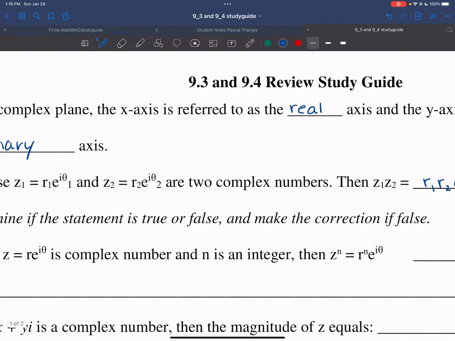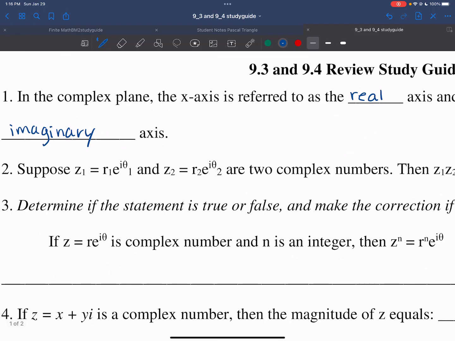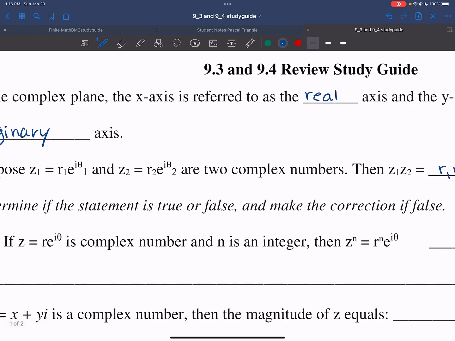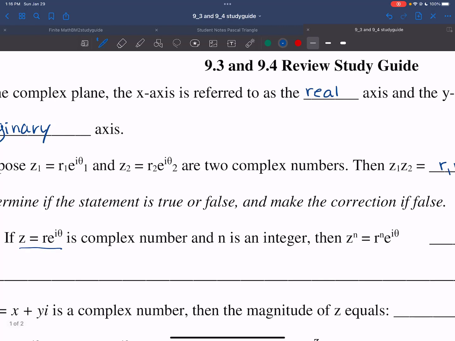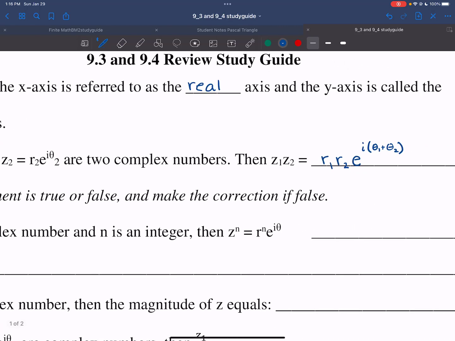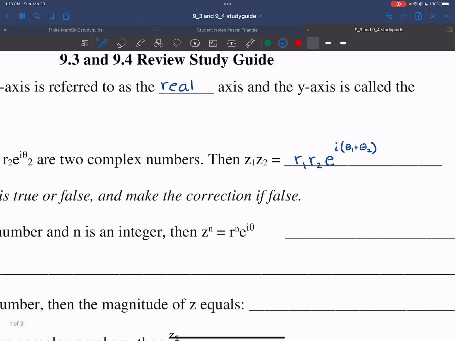All right. Determine if the statement is true or false and make the correction if false. If z equals r e^(iθ) is a complex number and n is an integer, then z to the n equals r to the n e^(iθ). Okay, so something is missing in here. So this is false.